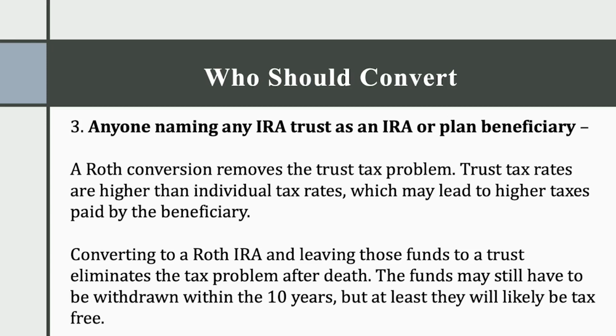Now, who should convert? Number 3, anyone naming any IRA trust as an IRA or plan beneficiary. And just to give you some background on this, you need to understand that trust income tax rates are completely different than people or human tax rates. Trust tax rates are much, much lower.